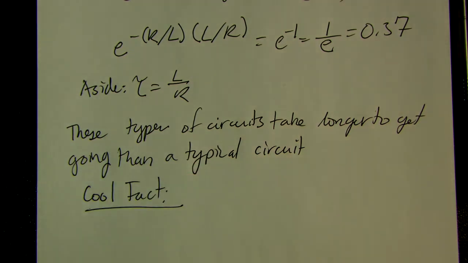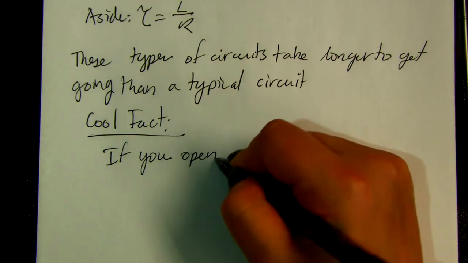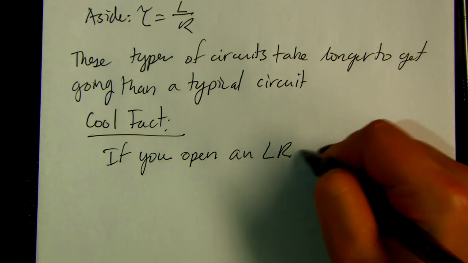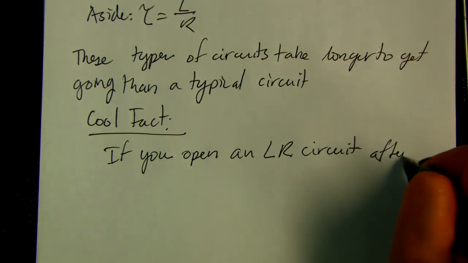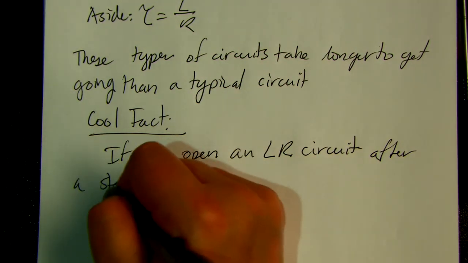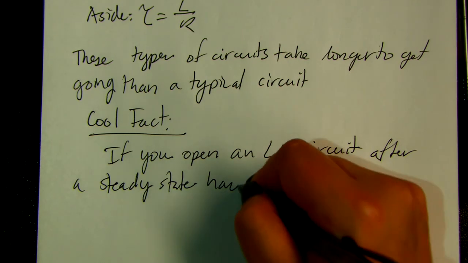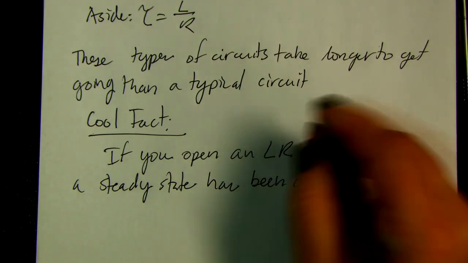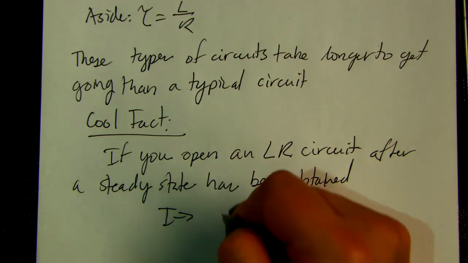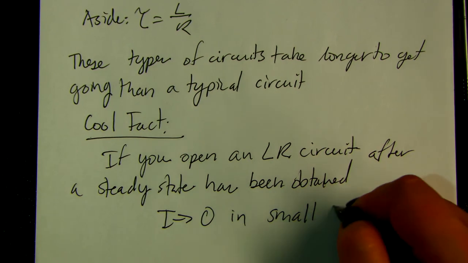So, if you open, in other words, disconnect an LR circuit after a steady state has been obtained, so I goes to 0 in a small delta t.